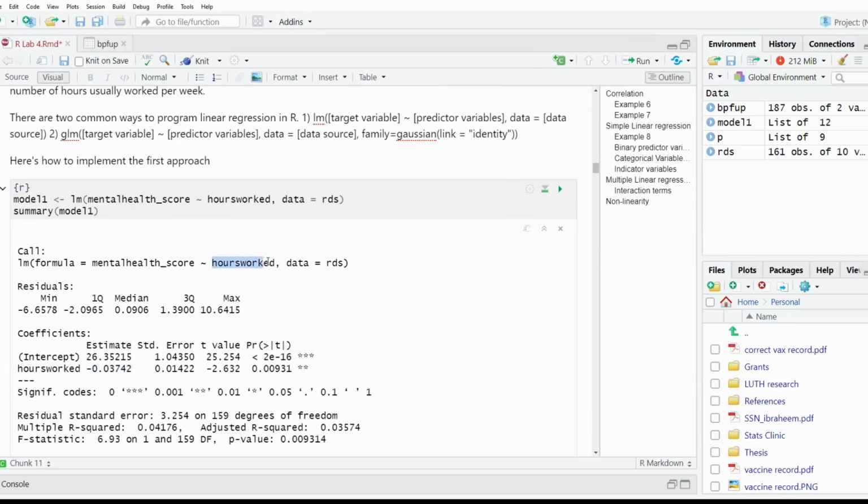If you increase the number of hours worked by 1, the mental health score changes by negative 0.03. This is a way to interpret a linear regression. The estimate is the most important thing. You can also look at the p-value, which is 0.0931 in this case, which is less than 0.05 and therefore is significant, right?